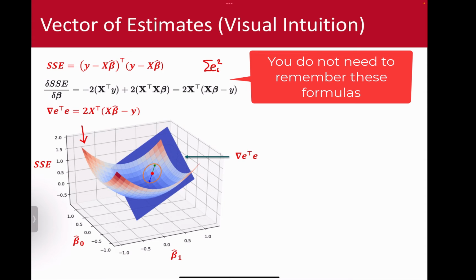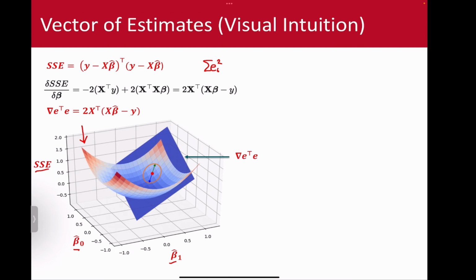Let's say that you have just the y-intercept and the slope. So this is a 3D representation because you have in one axis beta 0 and another axis beta 1 and then SSE. If you plotted that, you would get this bowl-shaped function.